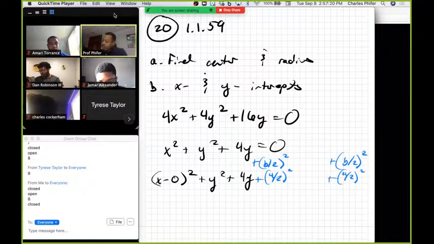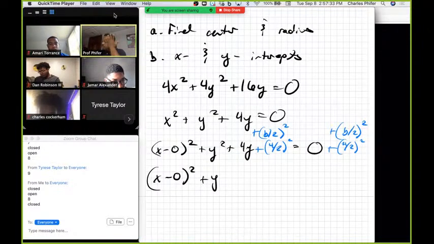And the equal sign just comes down and the 0 comes down. 4 divided by 2 is 2, squared is 4.